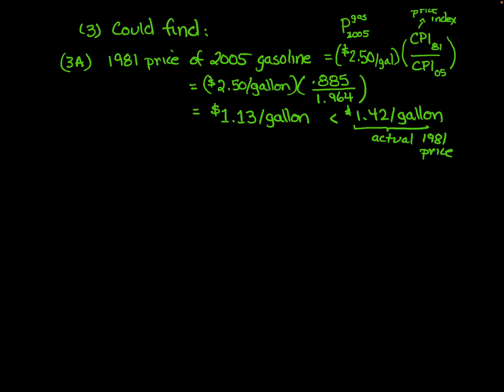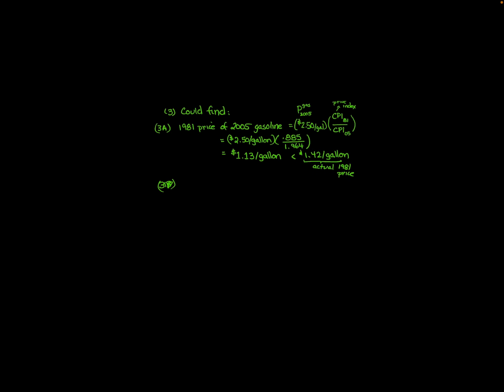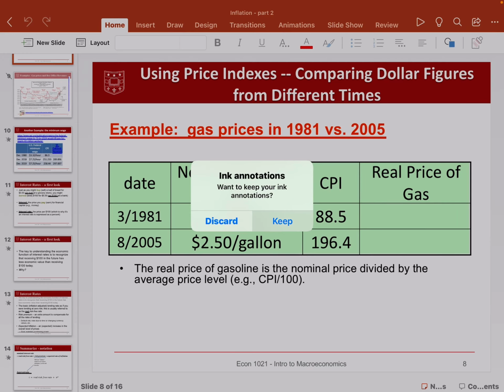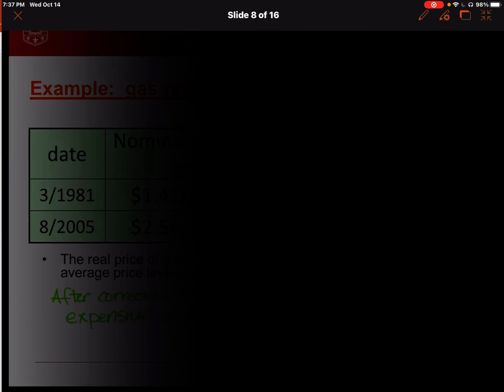And equivalently, just flipping this on its head, you could instead find the 2005 price of 1981 gasoline. And so it's a similar calculation, just flipping some of the numbers.